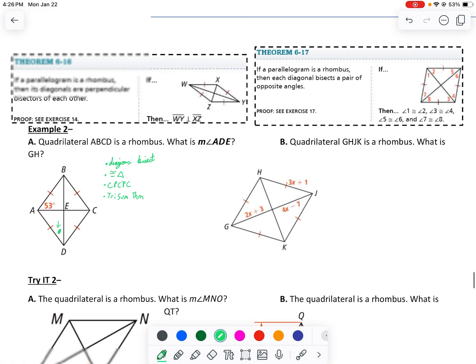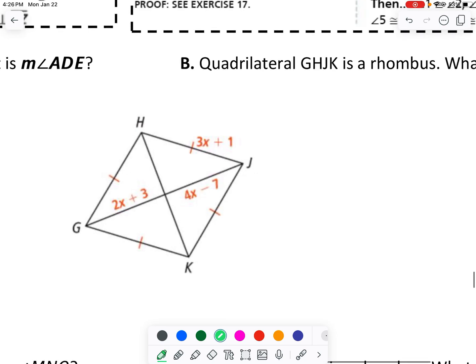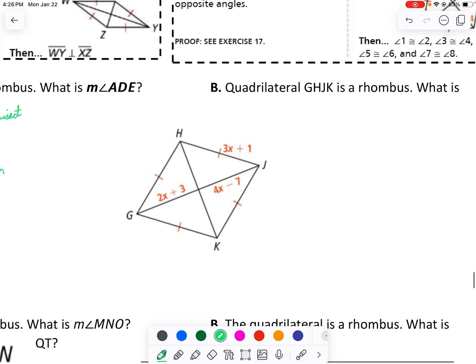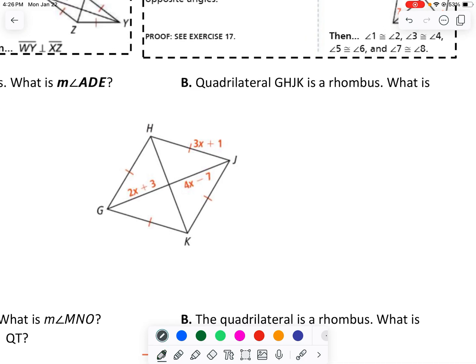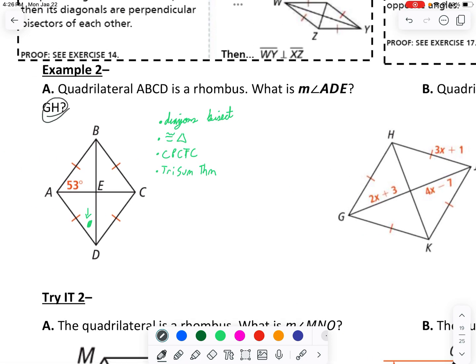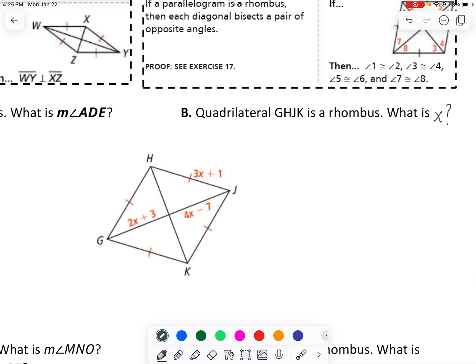All right, next one. Here, quadrilateral GHJK is a rhombus. Ooh, and you want to find out the length of x. It says, what is GH? But GH is in terms of x.